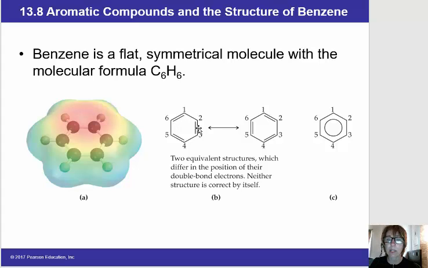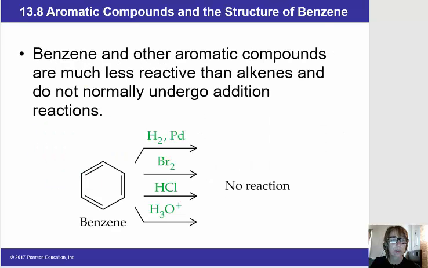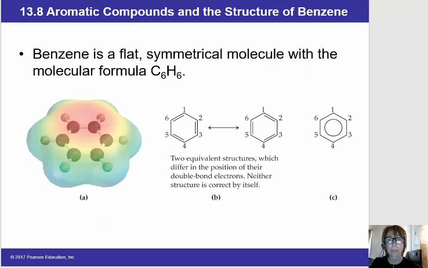Rather, these 6 electrons are actually equally distributed among all 6 carbon atoms. And so this is why I prefer the line structure of benzene with the circle in the middle, because that helps us remember that those 6 electrons are actually equally distributed among all 6 carbon atoms, and that makes for a very, very stable molecule, which is why we didn't see any addition reaction here.